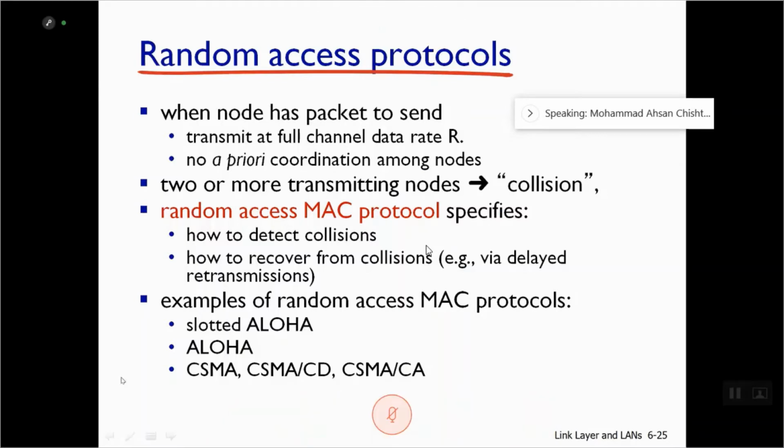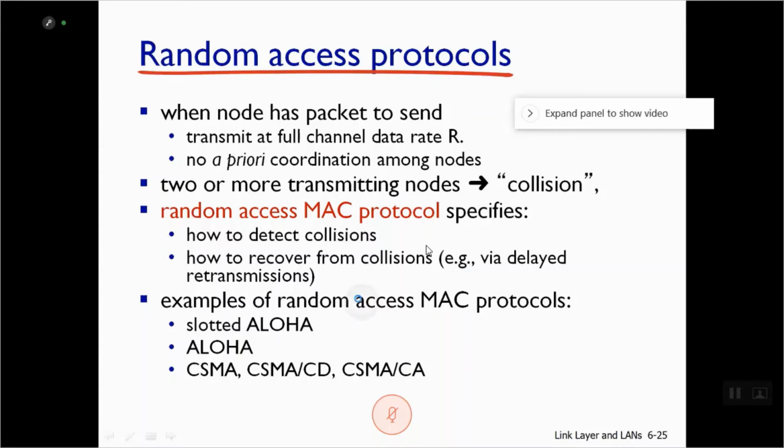If two nodes collide, some of them can retransmit instantaneously, some can wait for a specific, independently, randomly chosen delay. Among this, we have slotted Aloha, Aloha, and CSMA. The fourth is the advanced version of CSMA: CSMA/CD and CSMA/CA, where CD is collision detection. We are coming to each one by one.